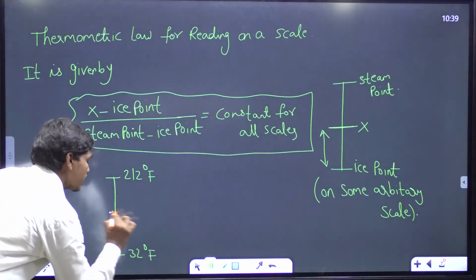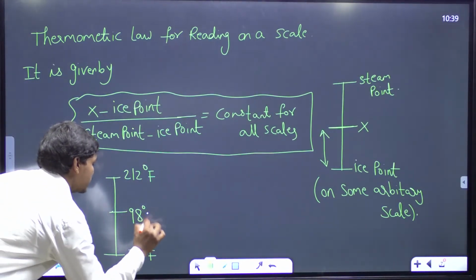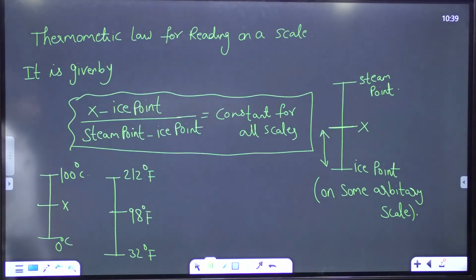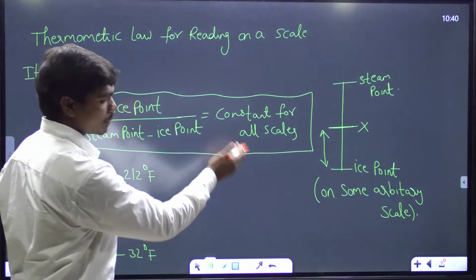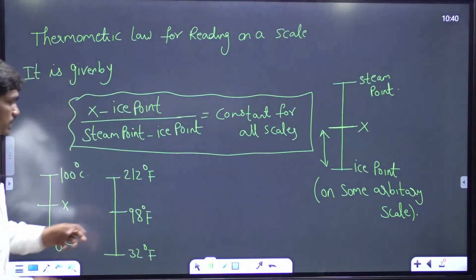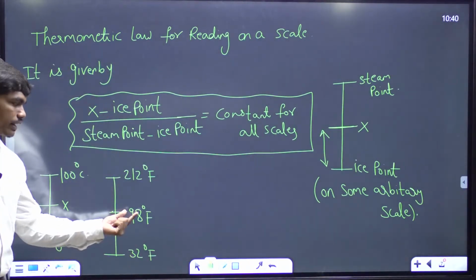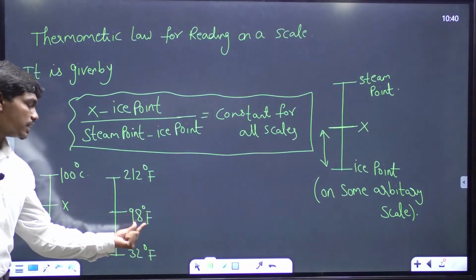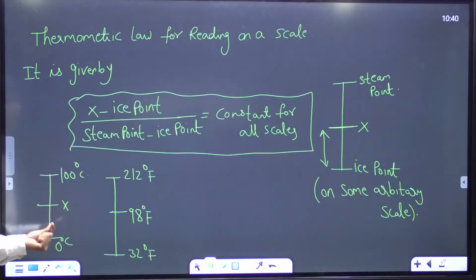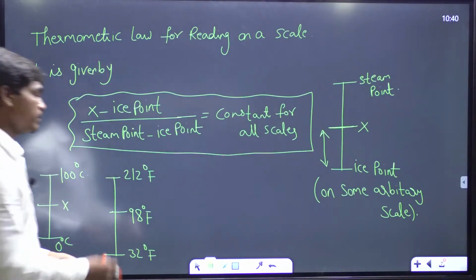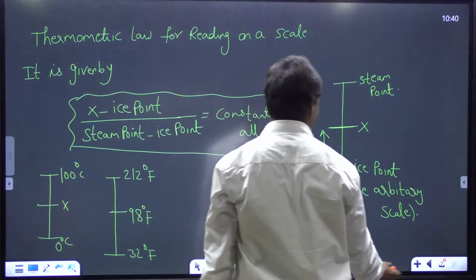Now if you take 98 degrees Fahrenheit, which is human body temperature, the lower fixed and upper fixed points are basically called ice points and steam points. So on a Fahrenheit scale, if the temperature of a body is read as 98 degrees Fahrenheit, then what's the corresponding temperature in degrees Celsius? Now let us apply this thermometric law for this temperature scale of measurement.